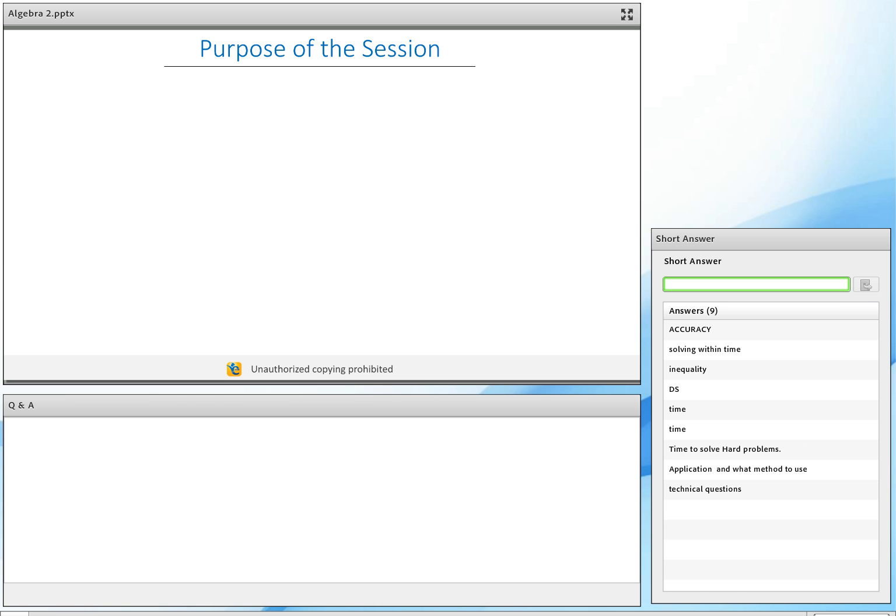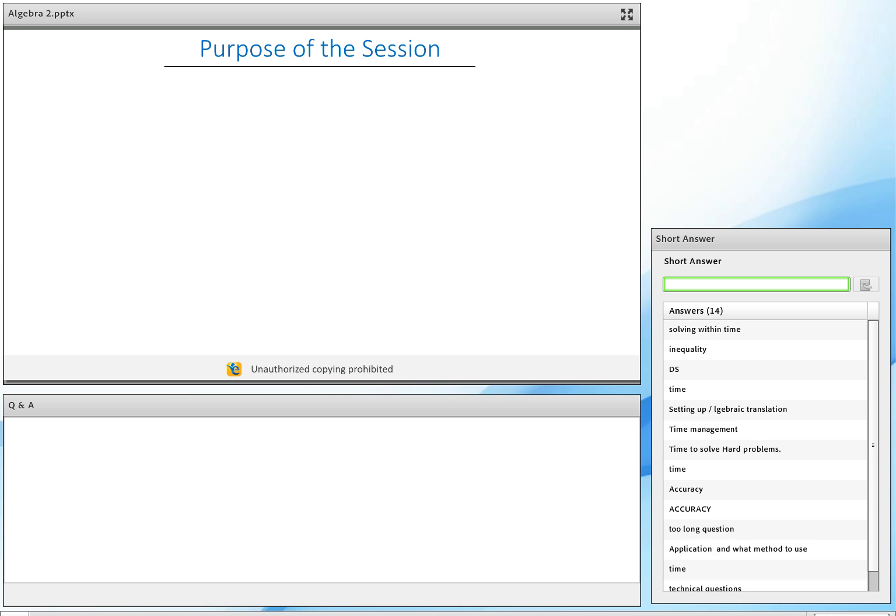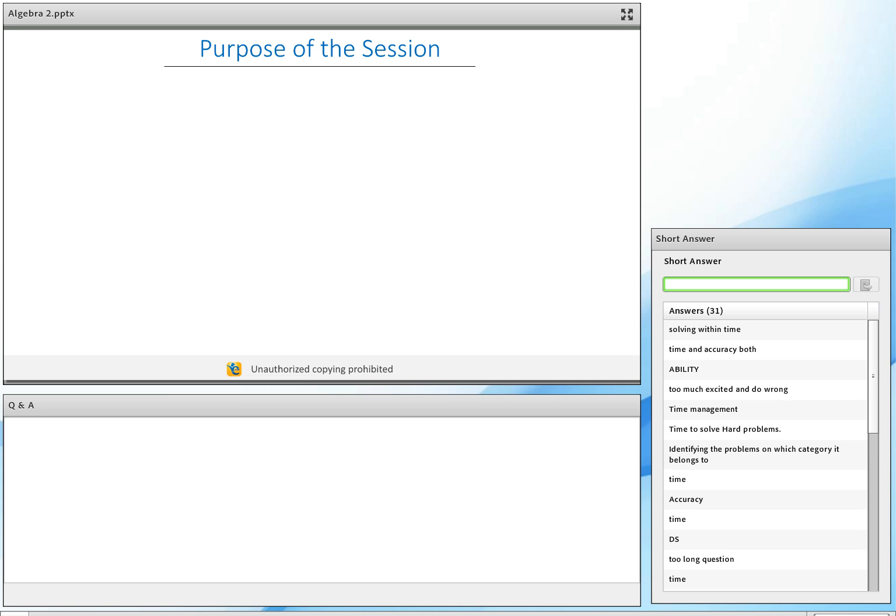Accuracy, time, inequalities, data sufficiency, time to solve hard problems, time management, time to solve hard questions, all right? Silly mistakes, application, what method to use. Okay, too long a question. All right. Very excited and do the questions wrong. Application and what method to use.